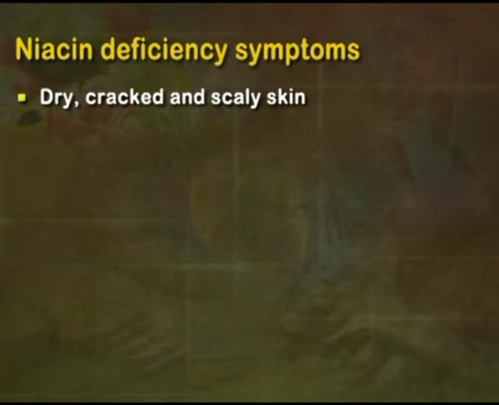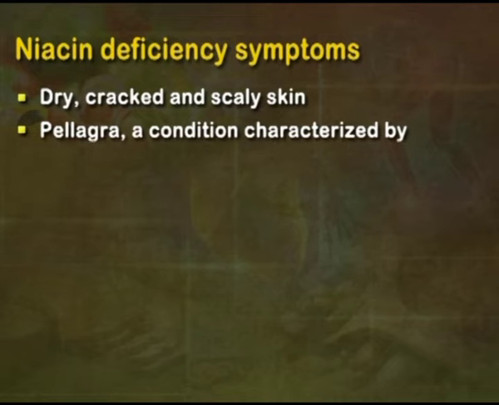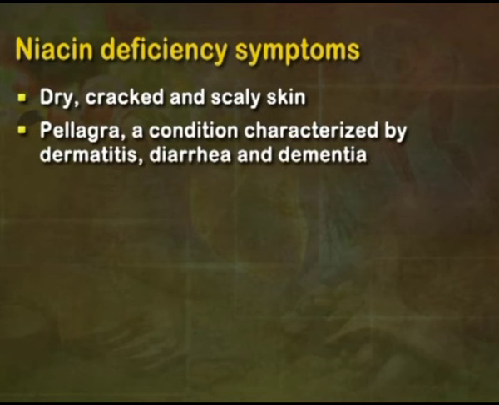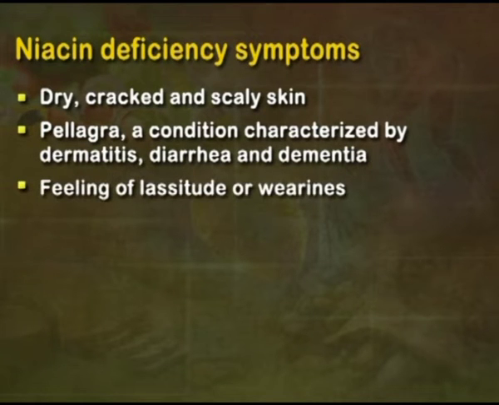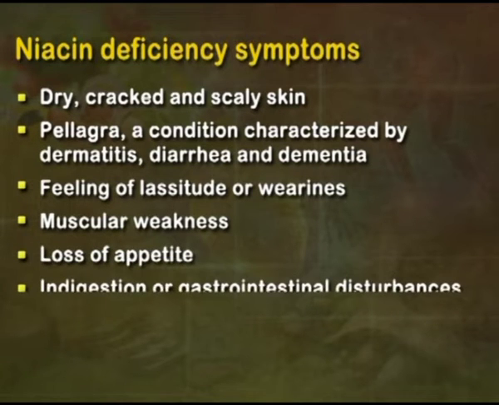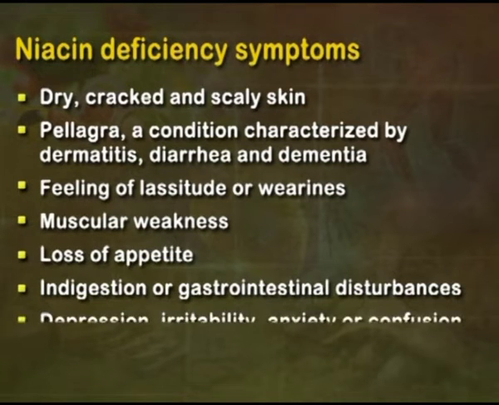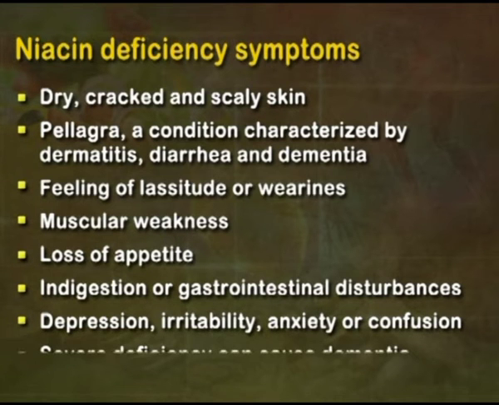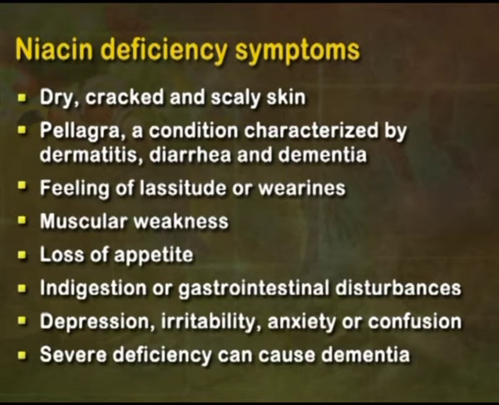Niacin deficiency symptoms include dry, cracked and scaly skin, pellagra, which is a condition characterized by dermatitis, diarrhea and dementia, feeling of lassitude or weariness, muscular weakness, loss of appetite, indigestion or gastrointestinal disturbances, depression, irritability, anxiety or confusion. Severe deficiency can cause severe dementia.